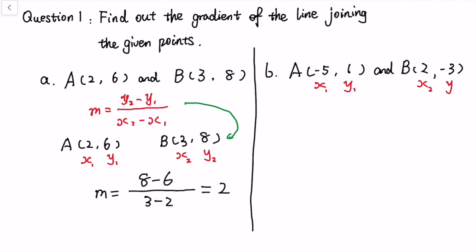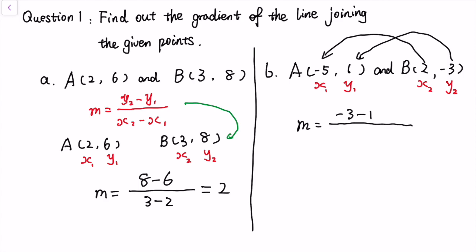Then you use this formula to figure it out: -3 minus 1 for y2 minus y1, then x2 minus x1.